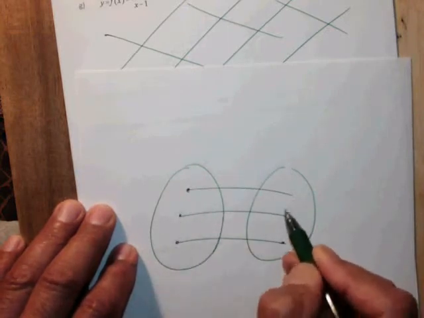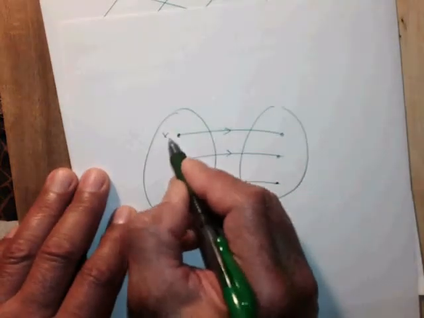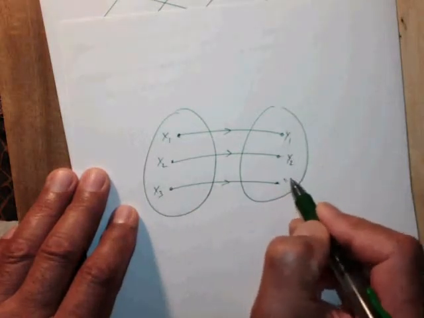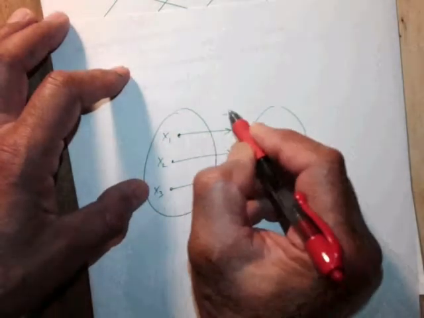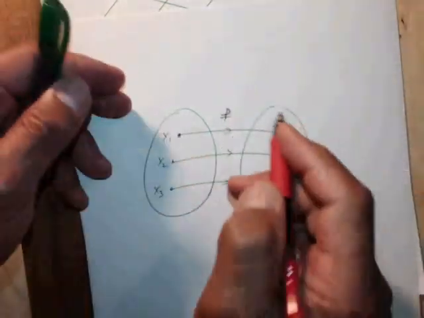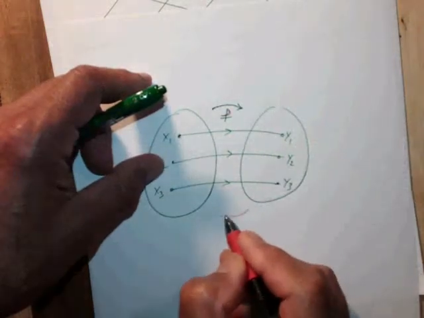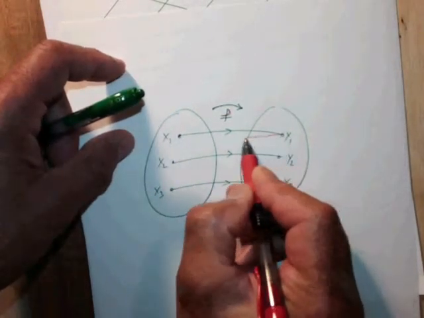See, this is 1 to 1: x1, x2, x3, y1, y2, y3. This is f, the green f. So f goes this way, and then the red is f inverse, so it goes this way. You see.